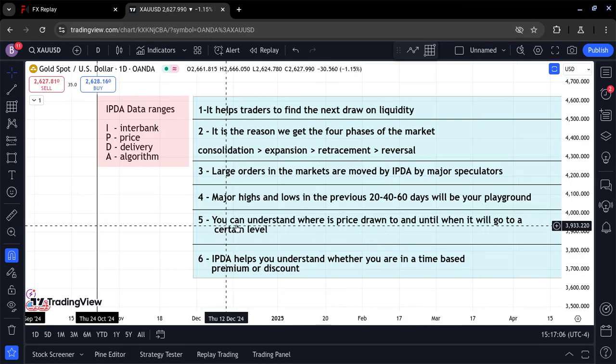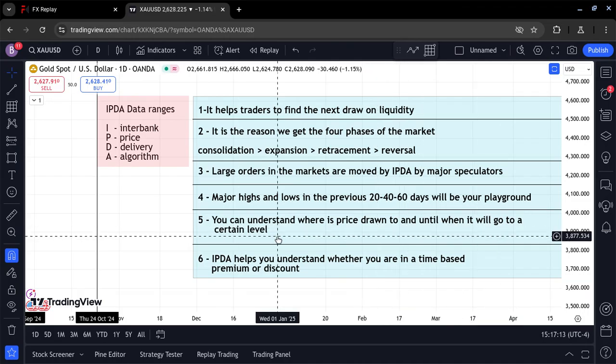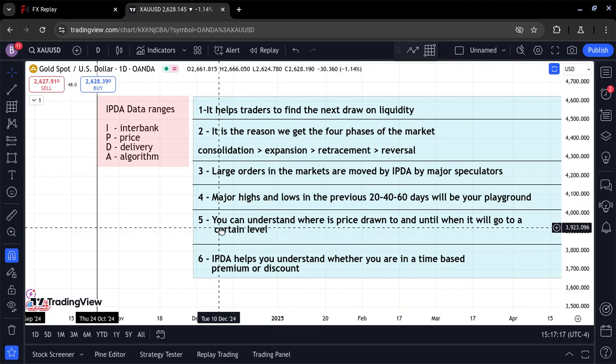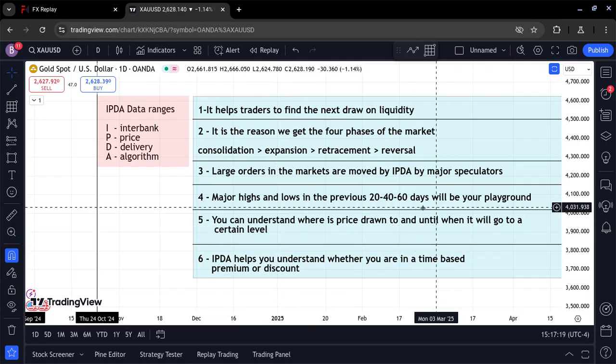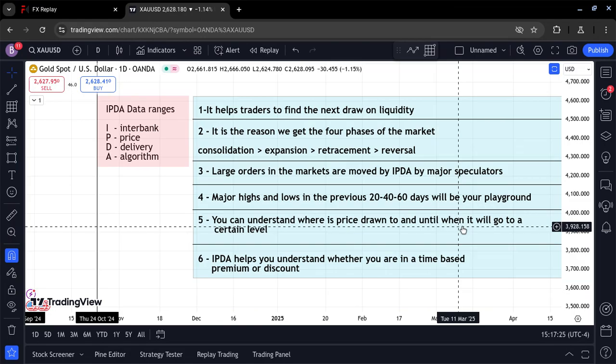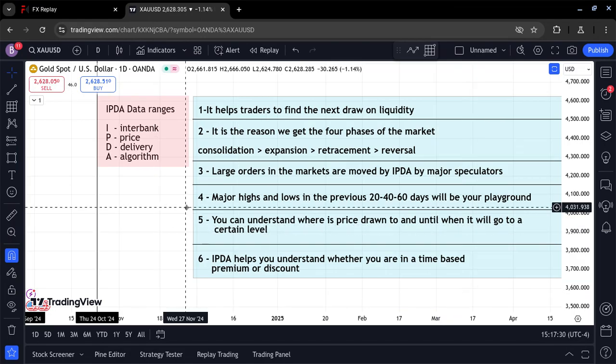Fifth, you can understand where price is drawn to and until when it will go to a certain level. Need to understand this, and let me read this once again. By using IPDA, you can understand where price is drawn to and until when it will go to a certain level. Meaning you'll have a timeline.